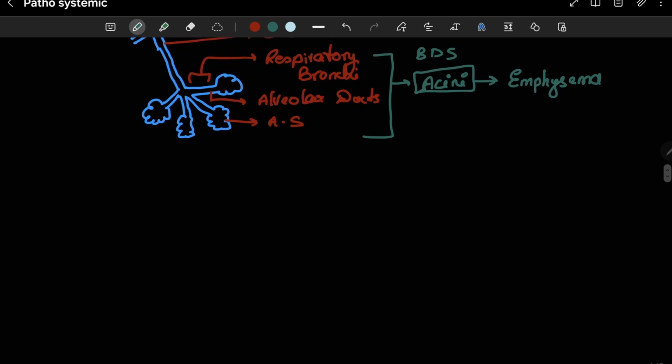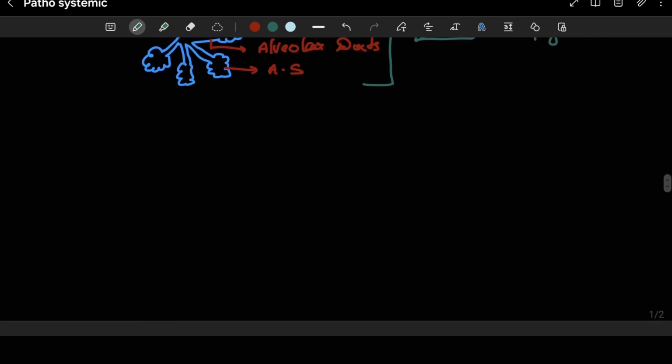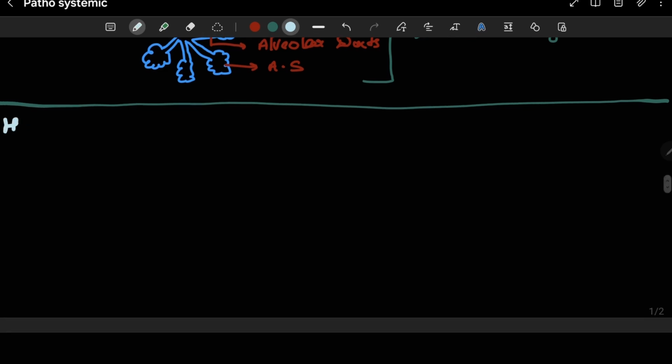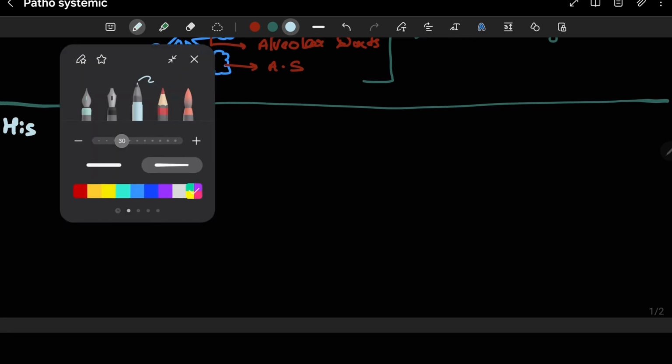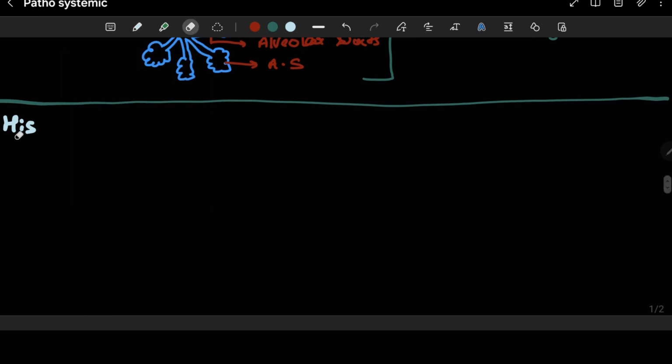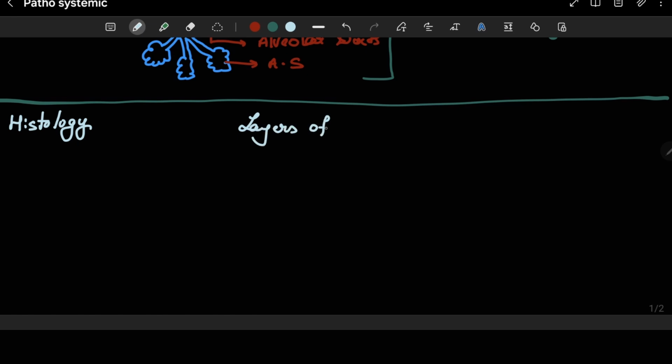And now let's move to the histology. So histology of the respiratory system, layers of the respiratory tract.